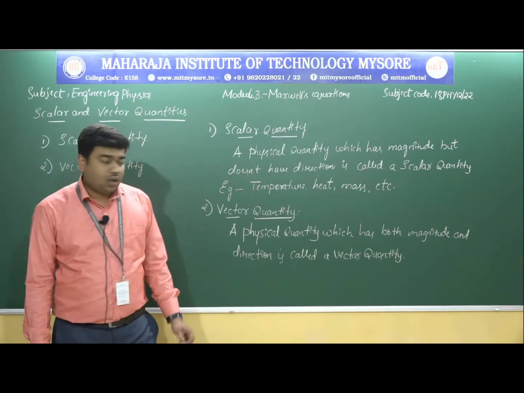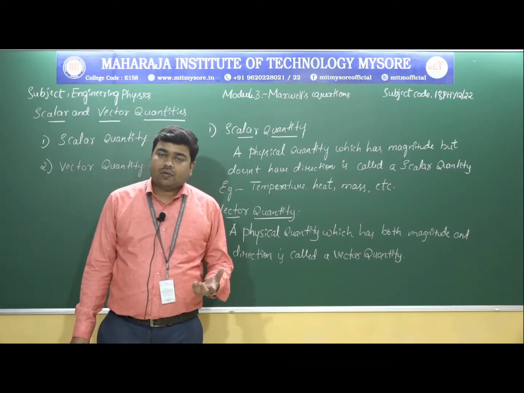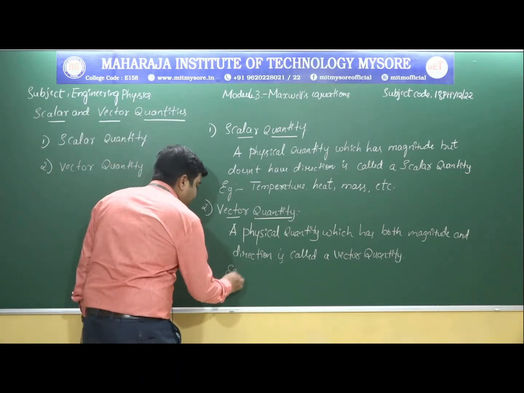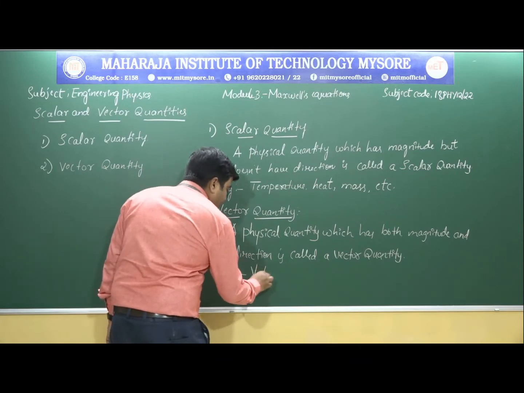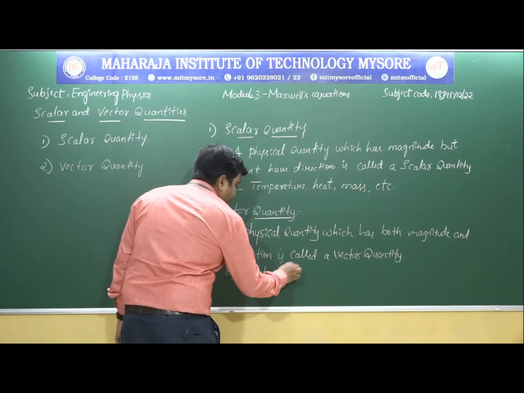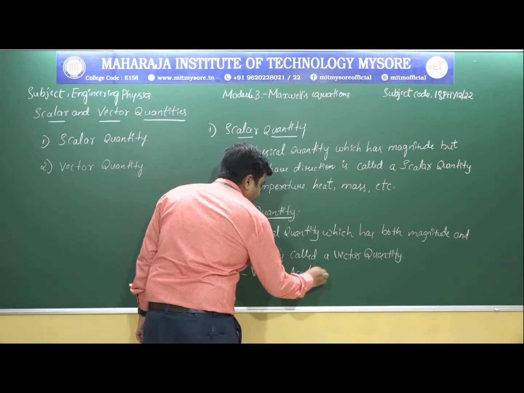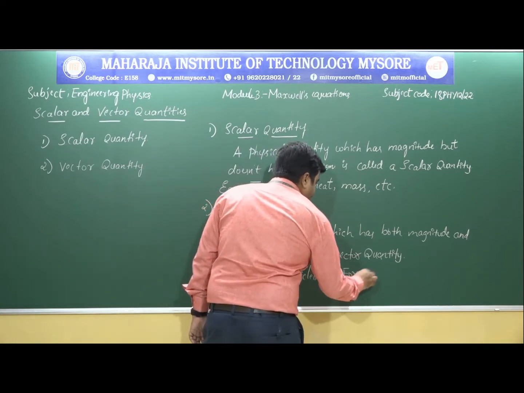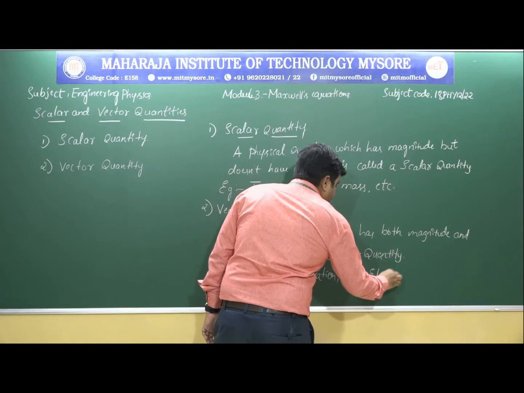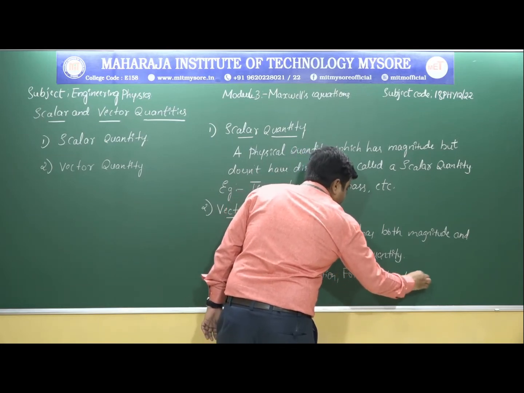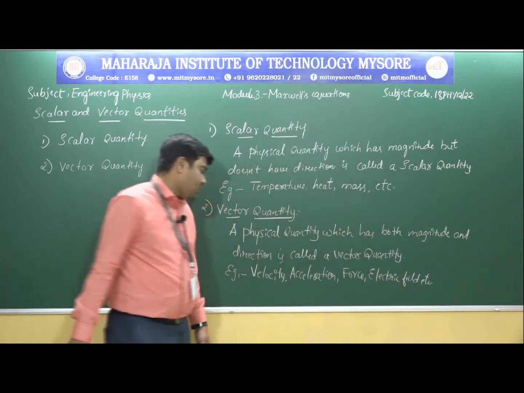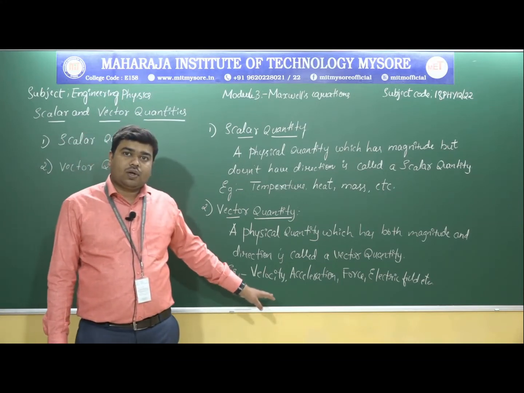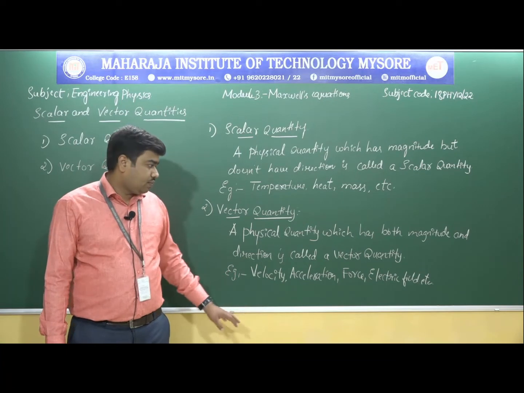Now, vector quantities can be defined by both their magnitude as well as direction. For example, we have velocity, acceleration, force, electric field, etc. All these physical quantities are defined by their magnitude, and they also have a particular direction.